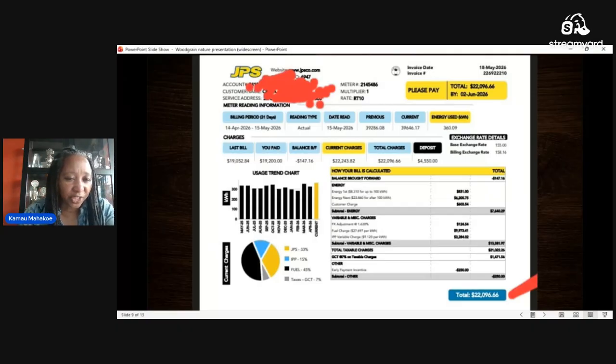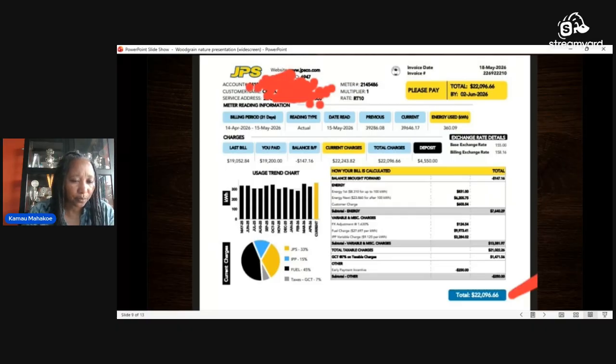So here the energy first is 8,315 for up to 100 kilowatt hours. And then after the first 100 kilowatt hours, whatever amount you use is calculated at a different rate, 360.09 units. Okay.